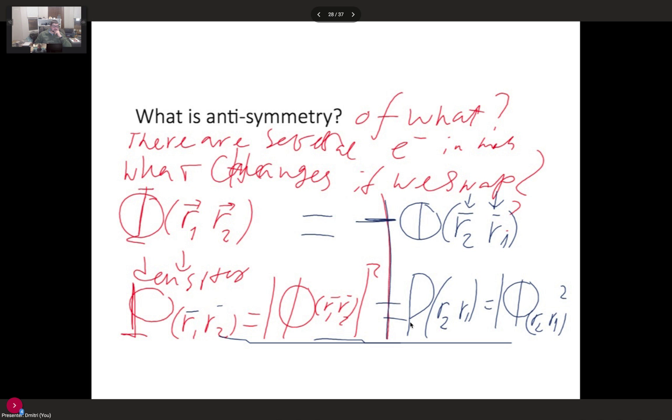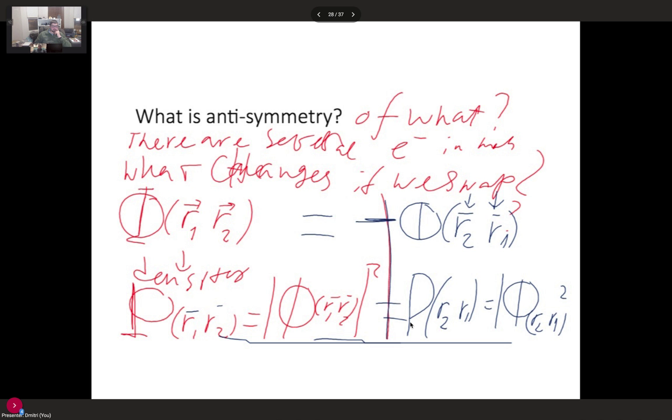There are two equations, and I'm looking at the first one. Here we consider the capital phi multi-electron wave function that depends on two electrons. Maybe it was a helium atom, or maybe it was H2, a hydrogen molecule, just two electrons.